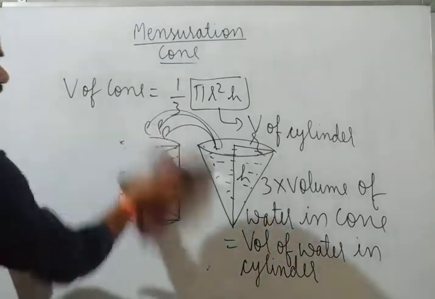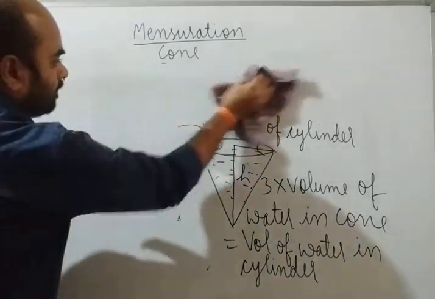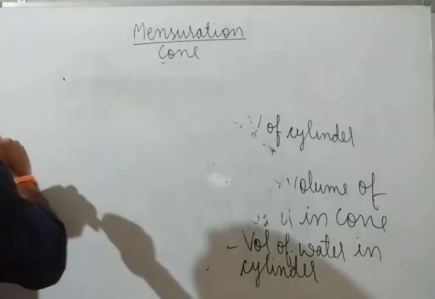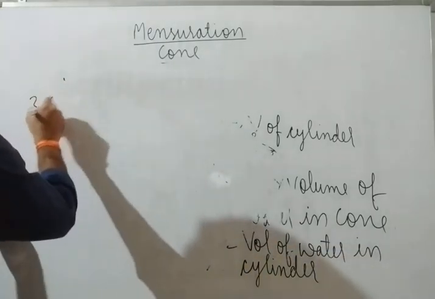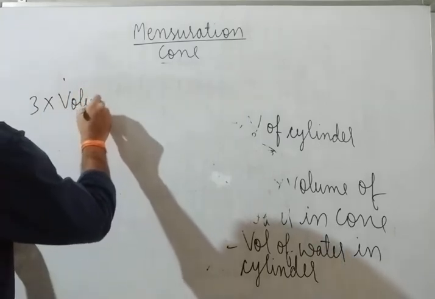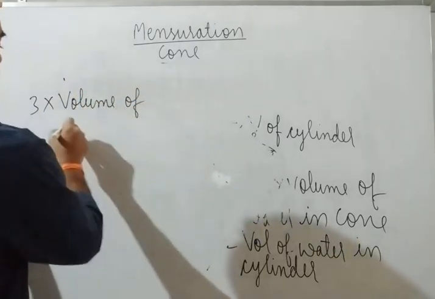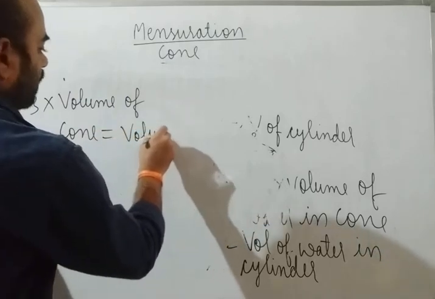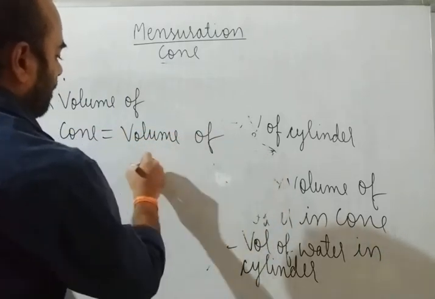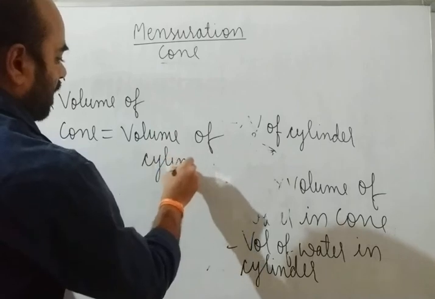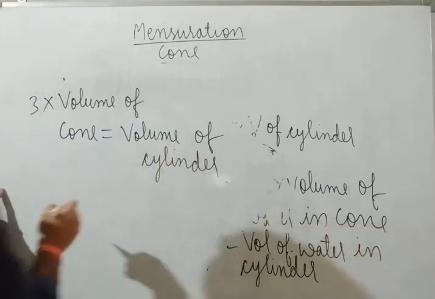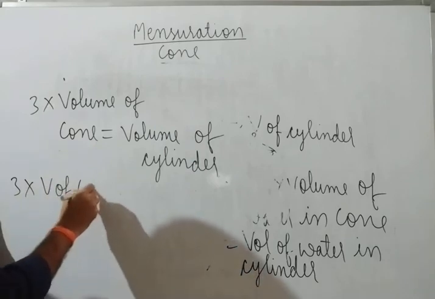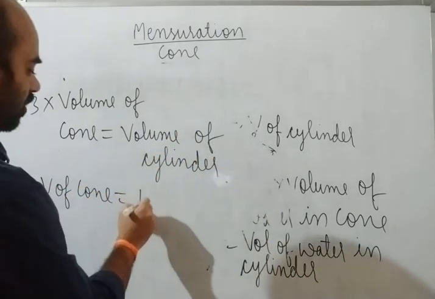It means what we have obtained, that is, 3 times volume of cone is equal to volume of cylinder. Correct? So 3 times volume of cone and volume of cylinder, we already know.